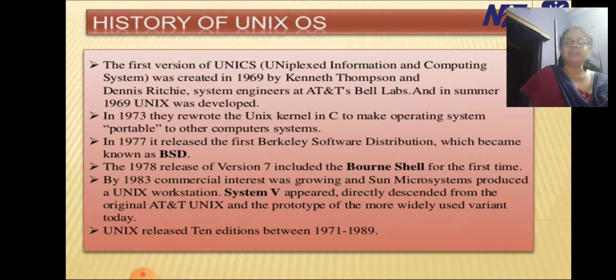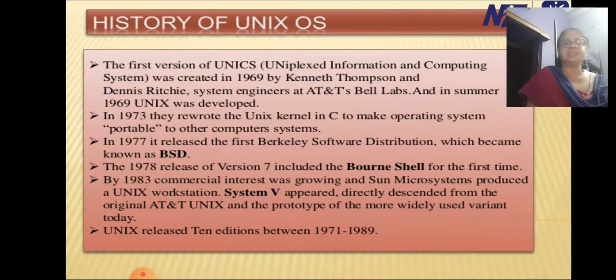The 1978 release of version 7 included the Bourne shell for the first time. By 1983, commercial interest was growing and Sun Microsystems produced a Unix workstation. System V appeared, directly descended from the original AT&T Unix and the prototype of the more widely used variant today.